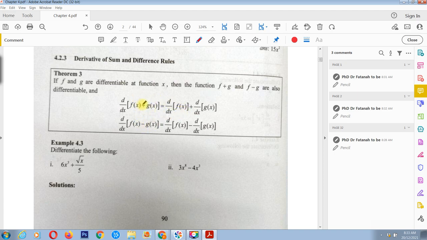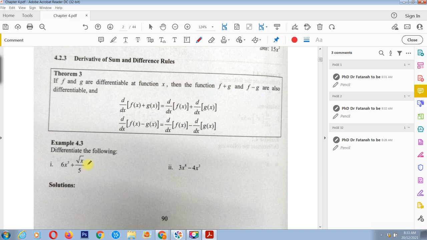If we have separate functions, we can easily do the differentiation by differentiating this function and this function separately, or we just add first and then do the differentiation. So it can be both. Okay, so which one will be easier? That one we can deal with.